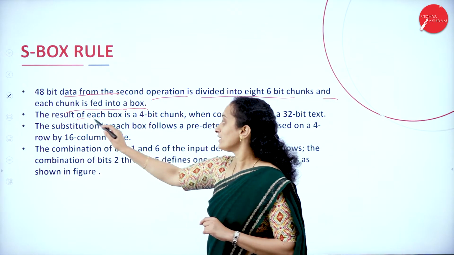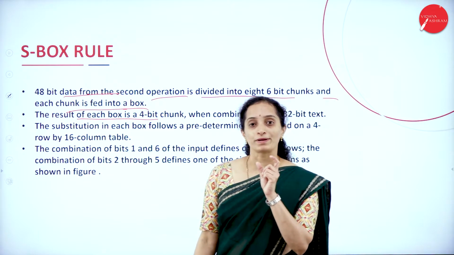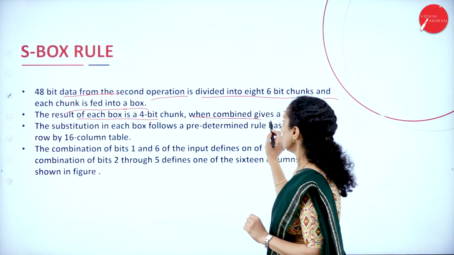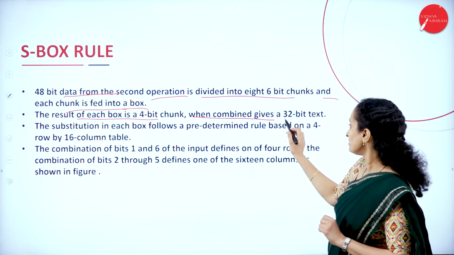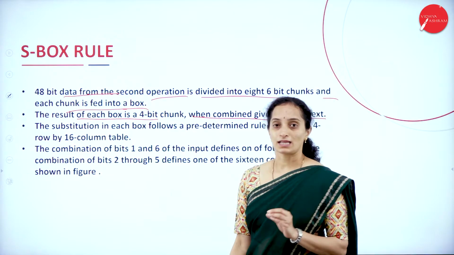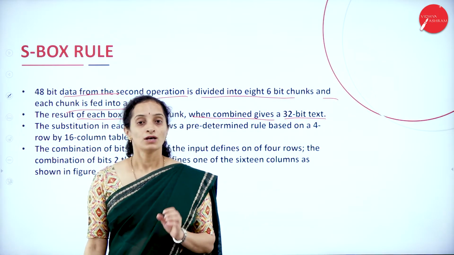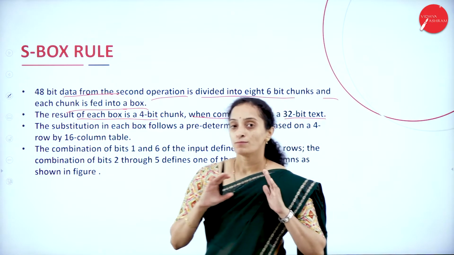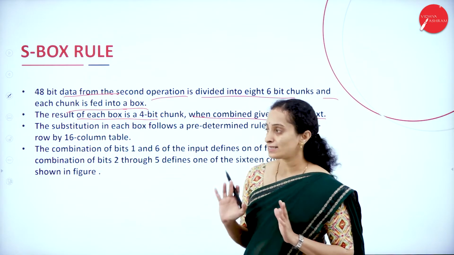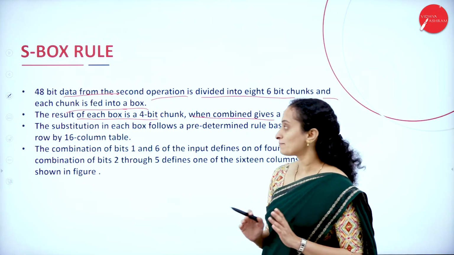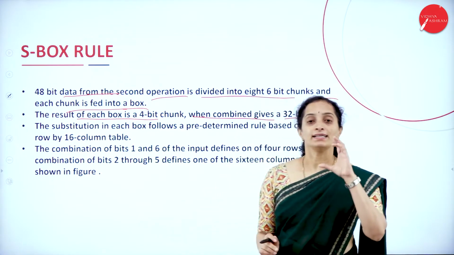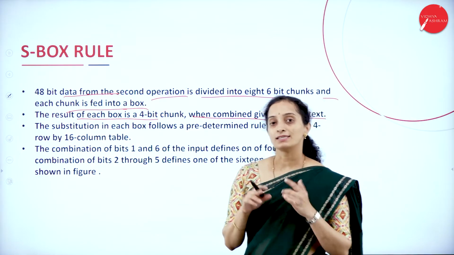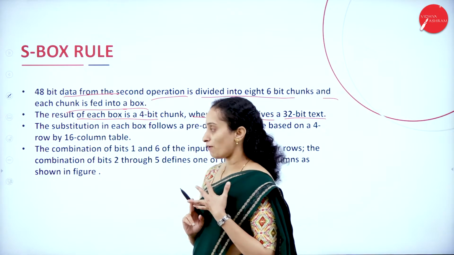The result of each box is a 4-bit chunk. We produce 4-bit chunks which when combined give 32-bit text. What you have to do is, you have to split the 48 bits into 8 chunks with 6 bits each, and each is fed into a box type structure which contains both the hardware as well as the software.